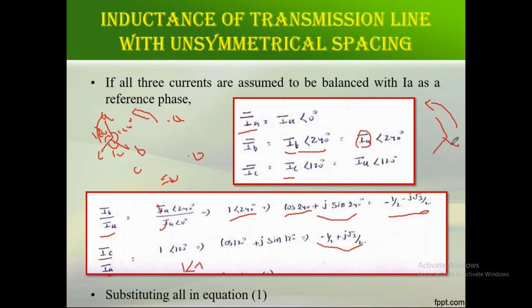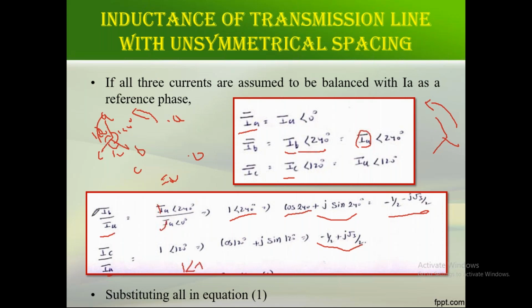Just remember that if you are considering the anti-clockwise direction, the phase angle should be positive. If you are taking the clockwise direction, you have to consider it negative. While drawing the phasor diagram in the anti-clockwise direction, we take the phase angle with positive values, and in the clockwise direction we take the negative value.